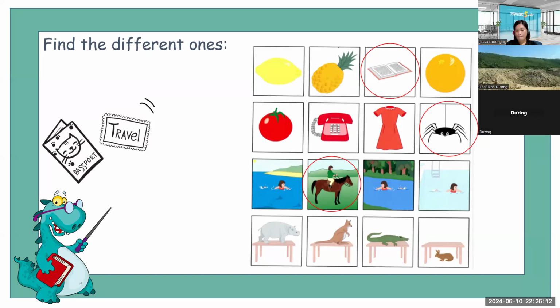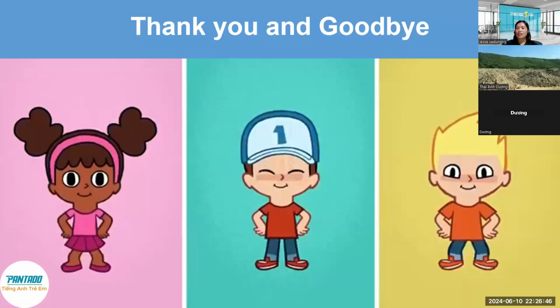Because the hippo, the kangaroo, the crocodile are on the table, but the rabbit is under the table. Okay, let's see if your answer is correct. Oh, very good. You did it great. You were able to tell why these things are different from the others.